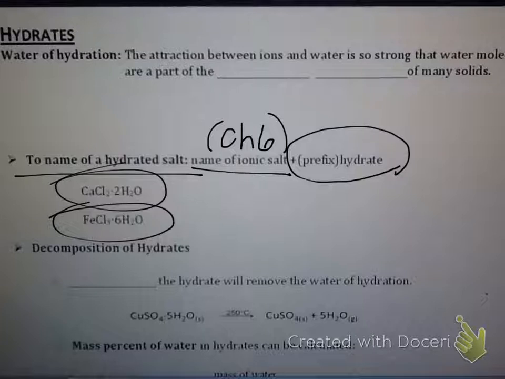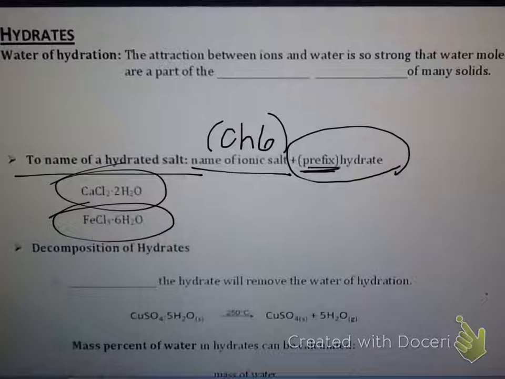Now, some salts can have multiple hydrates. Copper 2 sulfate is one example. It can be a pentahydrate, a heptahydrate, a dodecahydrate. So the number of waters that's bound to the salt needs to be indicated because you can have different types of hydrates, different numbers of water bound.